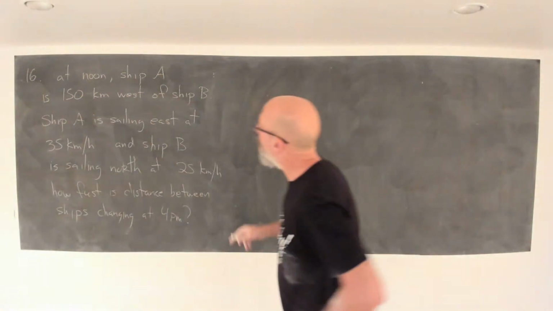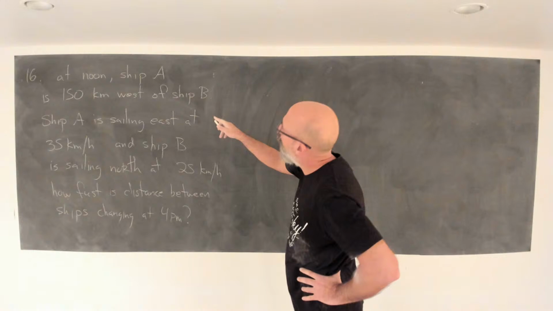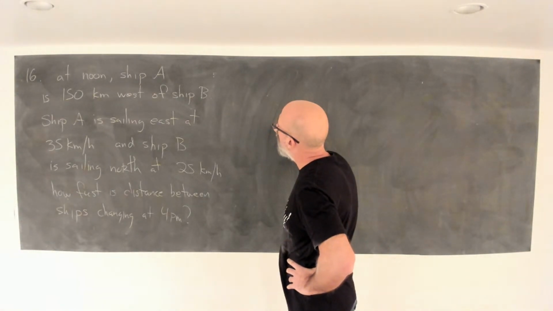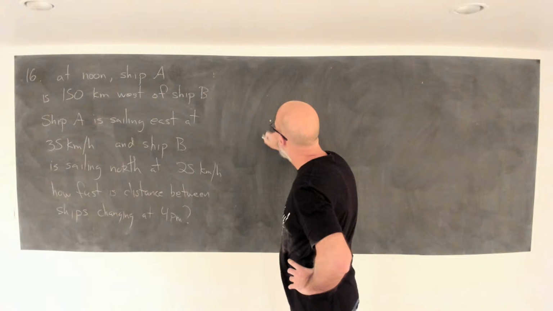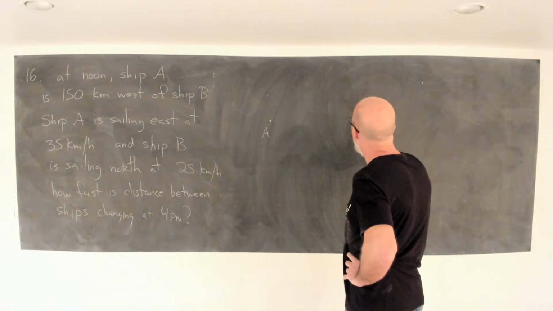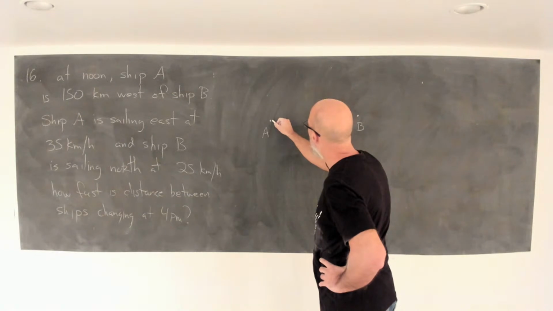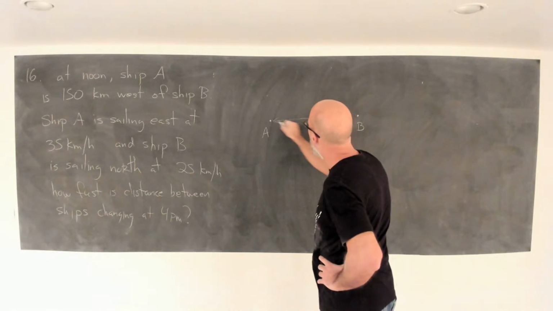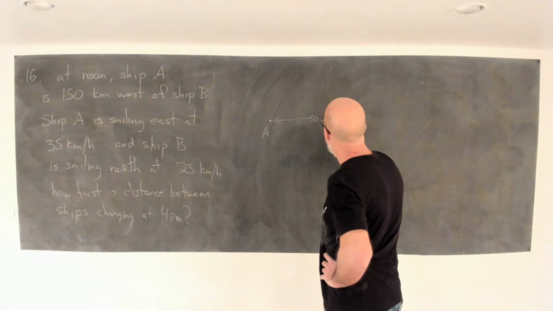Let's set that up. At noon, ship A is 150 kilometers west of ship B. So ship A here, ship B there, and this is 150 kilometers.